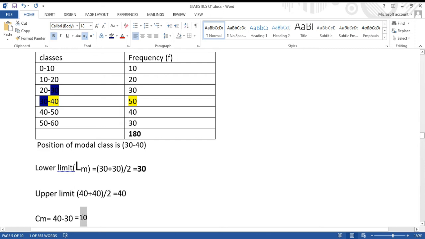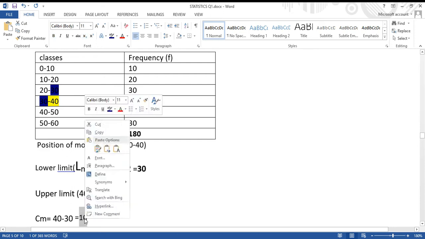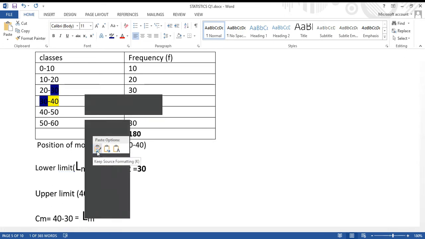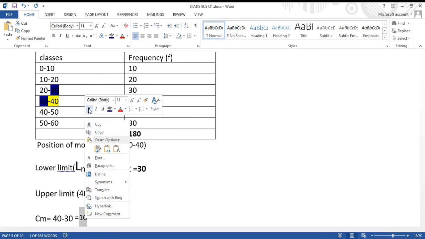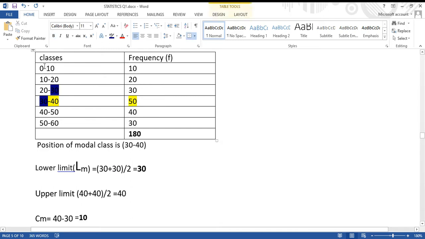Class width. Are we okay with that? Whenever you see classes like this, 0 to 10, 10 to 20, 20 to 30, you won't even need this calculation. You just say, okay, the lower limit is 30 and the upper limit is 40.